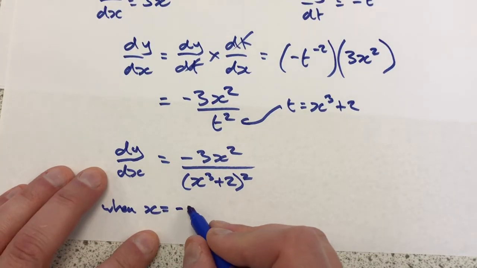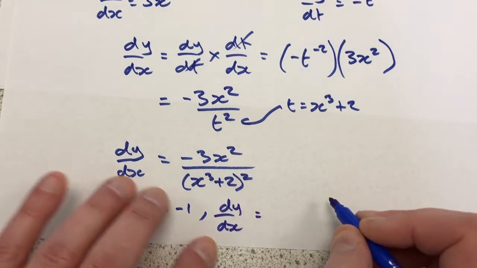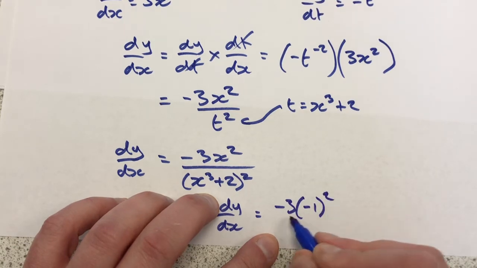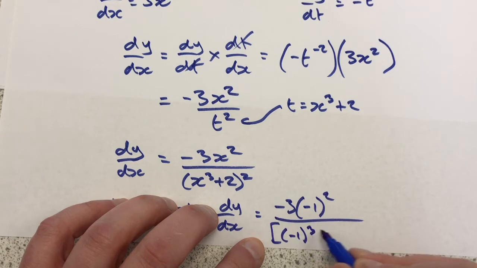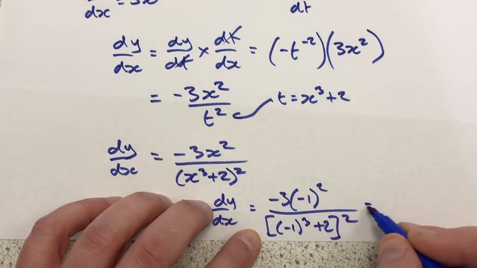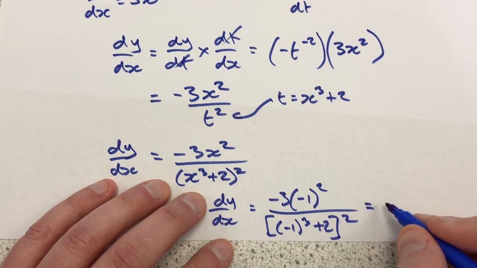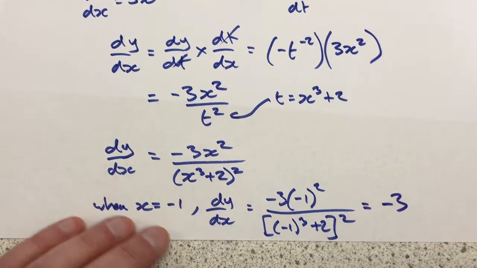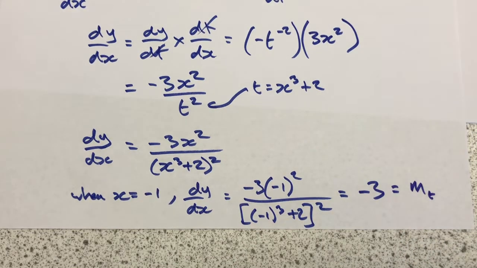When x equals minus 1, dy by dx equals minus 3 times minus 1 squared over big brackets minus 1 to the 3 plus 2, all squared, and that's going to turn out to be minus 3 over 1, so minus 3, and that is also going to be the gradient of the tangent.